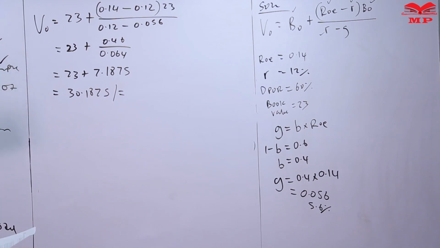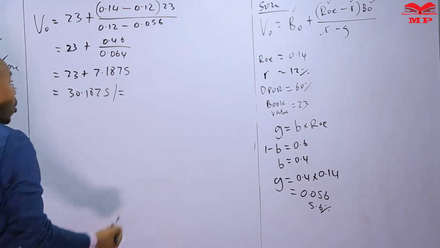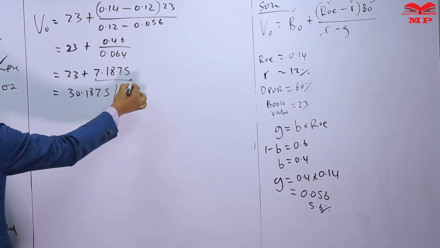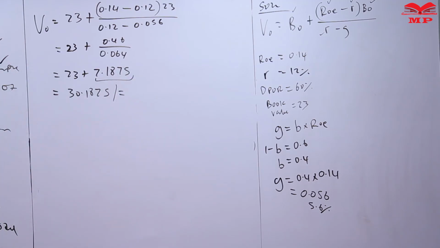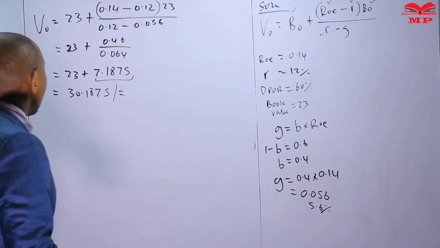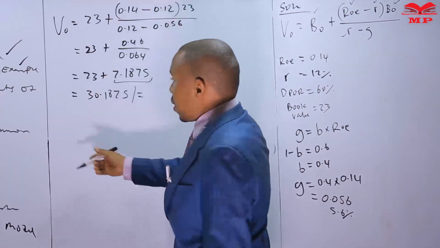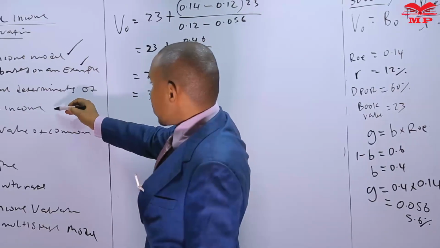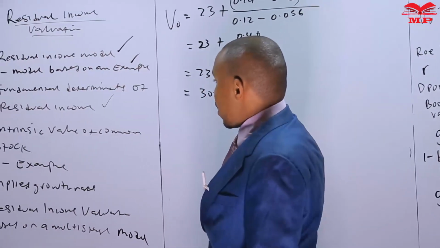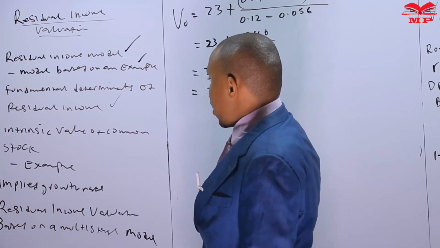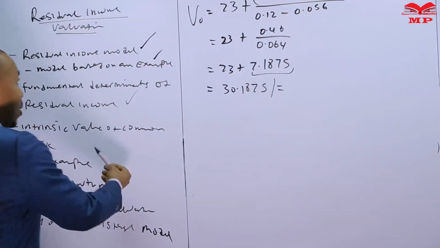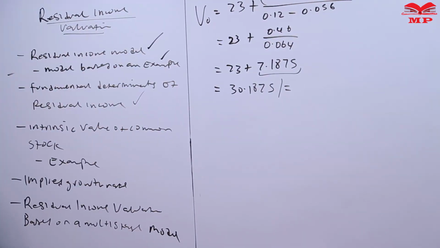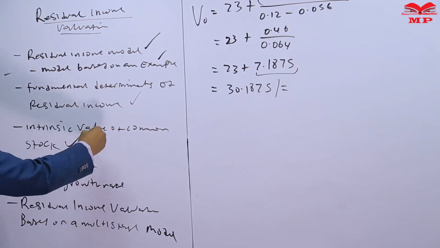Now, we've also been asked to compute the component of the present value of future economic profits. The present value of future economic profits is just the 7.1875, which is that portion right there. We have now looked at how to compute the fundamental determinants of residual income, and we've also done an example. The intrinsic value of common stock is almost similar to what we've done here. I've combined this bullet, this other hyphen and this other hyphen together with an example.